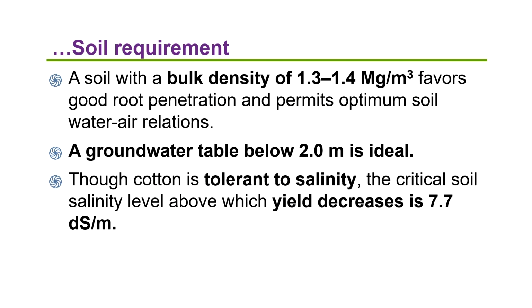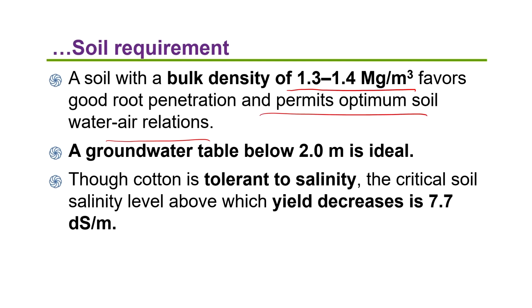A soil with a bulk density of 1.3 to 1.4 megagram per cubic meter favors good root penetration and permits optimum soil water air relations. So, 1.3 to 1.4 megagram per cubic meter means this megagram is equal to 1000 kilogram. So, this has to be 1000 kilogram per cubic meter soil.